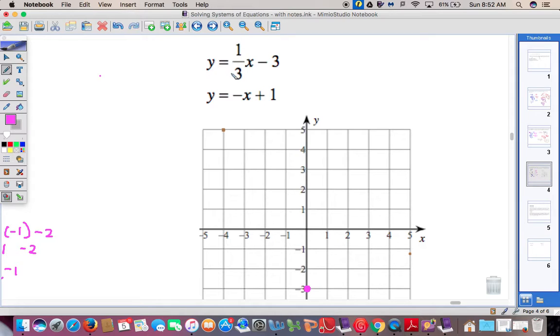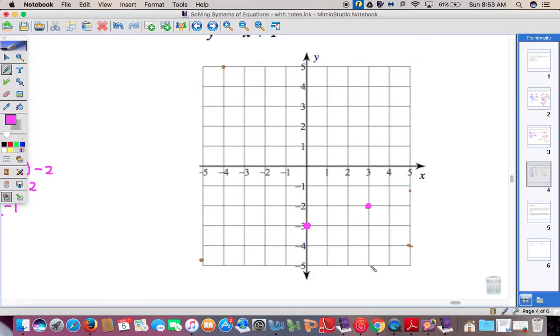And then my slope is 1/3, which means I'm going to go up 1 and to the right 3. So up 1 and to the right 3. 1, 2, 3. And then if I just want another ordered pair in here, I could go back to my negative 3 and go down 1 and to the left 3. 1, 2, 3.